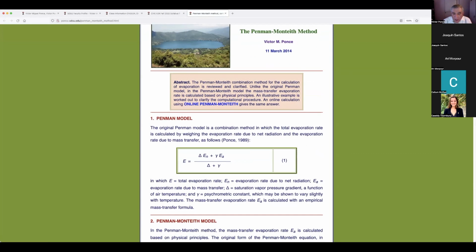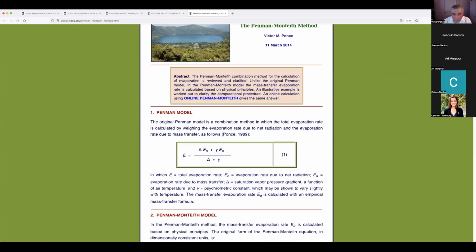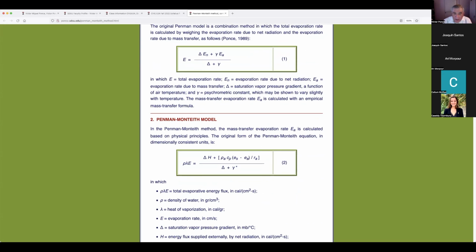The original formula for the Penman model is number 1. The Penman-Monteith method puts in here, instead of gamma E sub A, an expression which is physically more consistent, more meaningful. Note that we have changed from E, which is total evaporation rate, to the energy flux, and we do that by multiplying E times rho lambda.